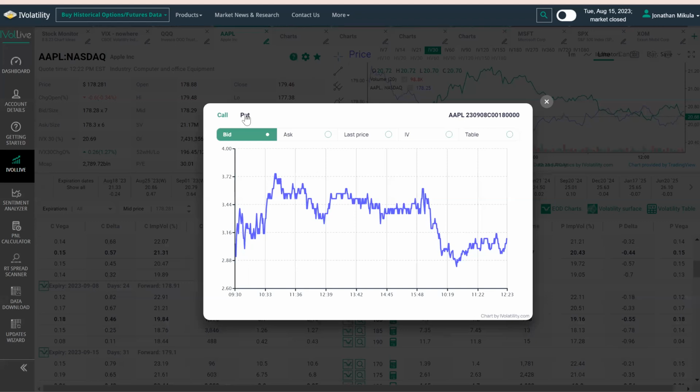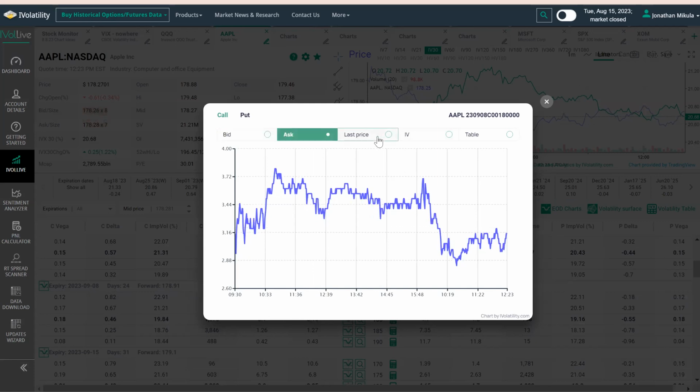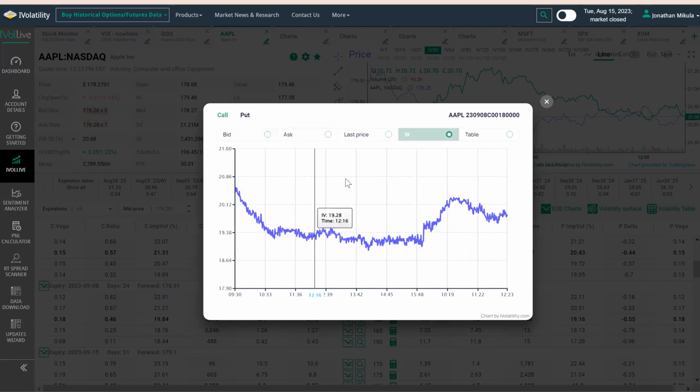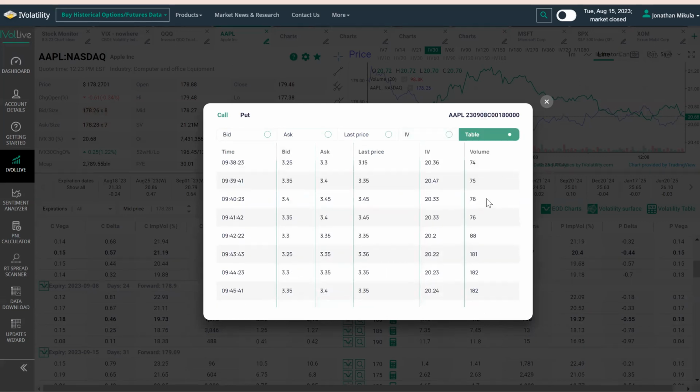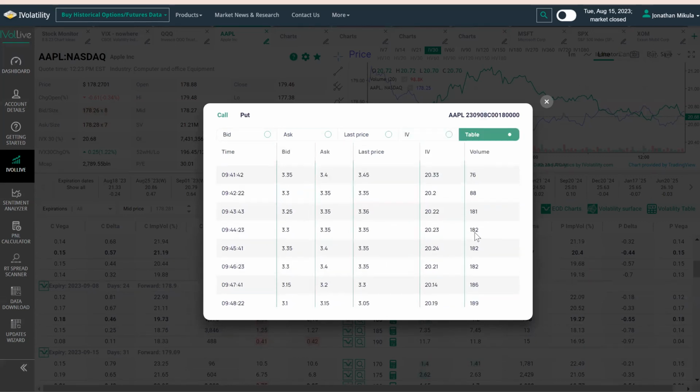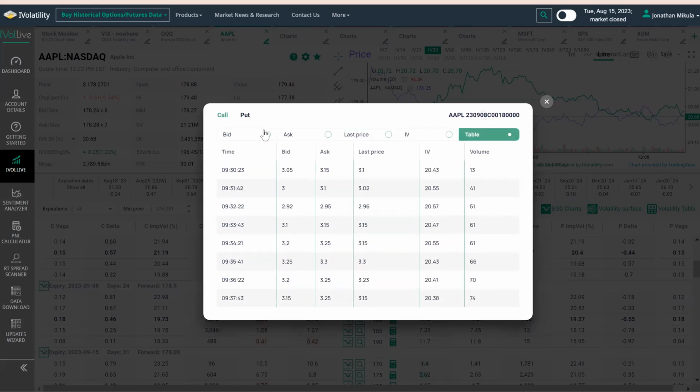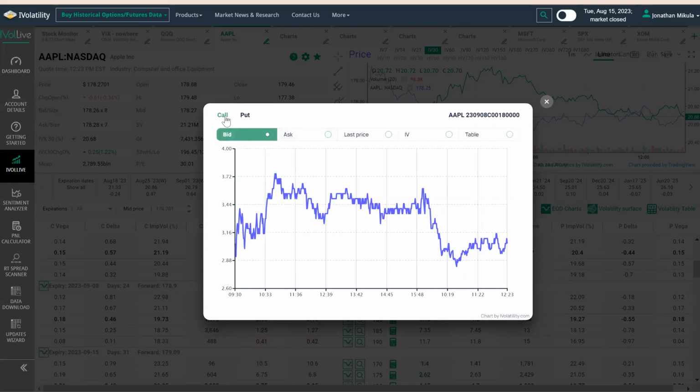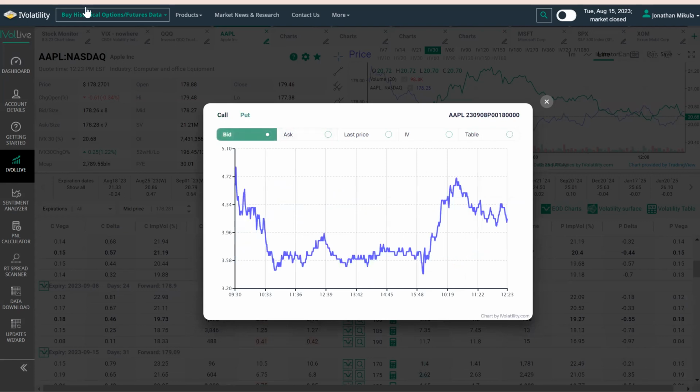What I like about the single contract viewer we were just looking at is that it puts call and put against each other. In this particular view, because I know somebody asked the question, it's essentially giving you the same information: the bid, the ask, the implied volatility of this strike, and then a table showing when actual trades happened in the market for any given trading day. The only difference is that you have to decide whether you want to look at the call or the put.